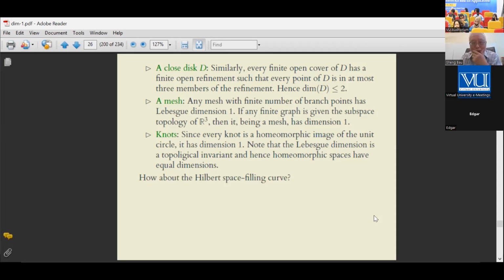You should consider the Hilbert space filling curve. It is actually its image. Hilbert's mapping, we didn't say any details there. Our closed line segment is mapped onto that Hilbert iteration, and at every step the curve is uniformly continuous. So the mapping is uniformly continuous and its limit, therefore, is continuous.